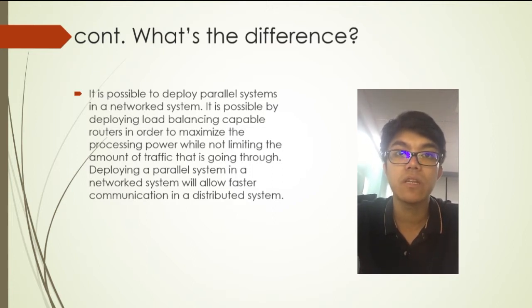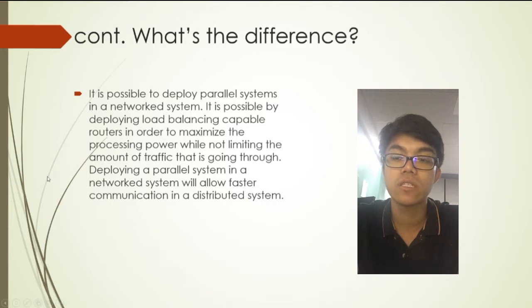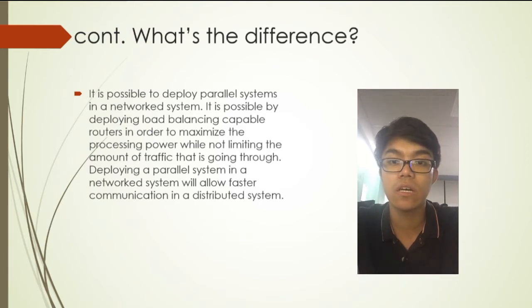Deploying a parallel system in a network system will allow faster communication in a distributed system. If we have a load balancer that's capable of processing all the data and it balances the data that they get, they can easily process data that goes through them. So the traffic will be much faster, and the communication is also faster.